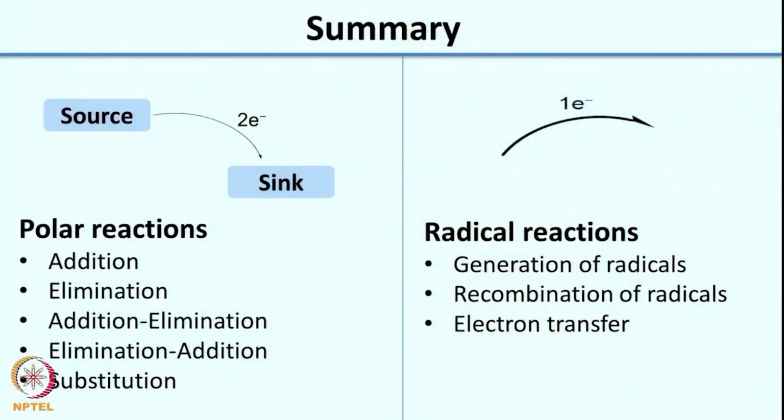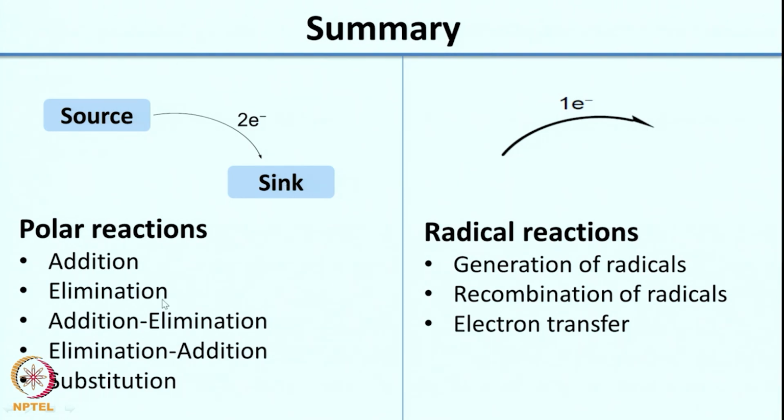So, with this I would like to summarize what we have done so far. We looked at drawing arrow pushing mechanisms or electron pushing for polar reactions. So, for polar reactions what you have is you have a source and a sink, and you show the electron such that it originates from the source and the head goes to the sink, and we looked at different types of polar reactions.